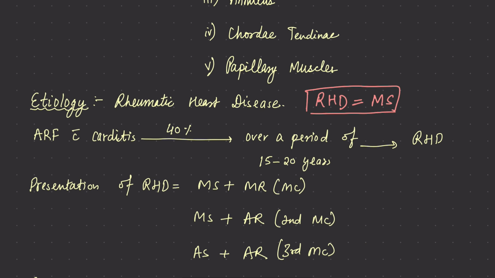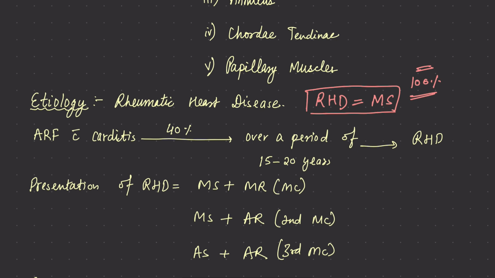Though it is written in the books that 95% of the cases of MS are due to RHD, in practice, what we see is that 100% of cases of MS are due to rheumatic heart disease.